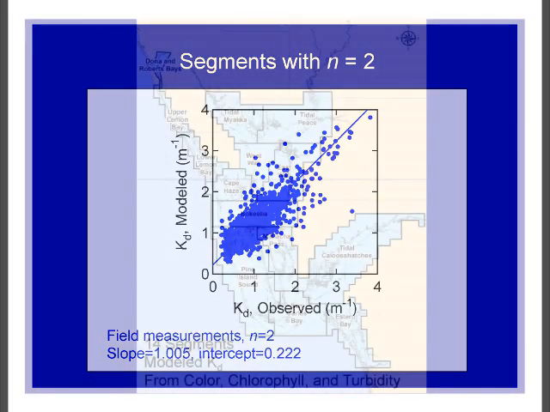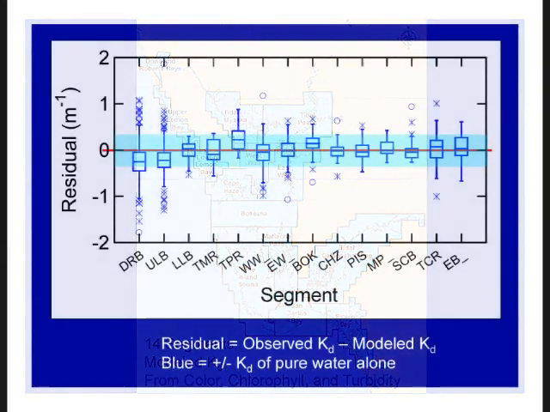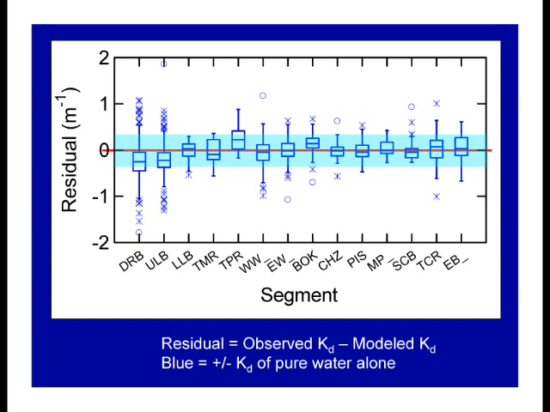We actually looked at the data from all of the individual segments within the estuary program, from down in Roberts Bay all the way down to the Zero Bay, tidal rivers. And we looked at how that model performed spatially. And these are the plots of the residuals, or the observed KD minus the modeled KD.